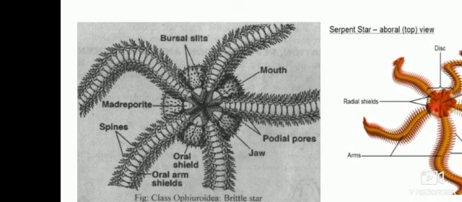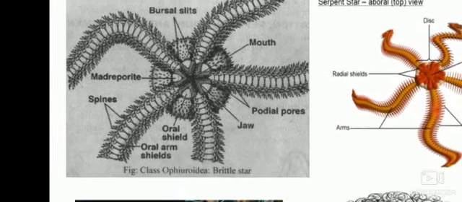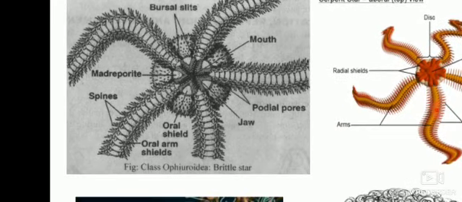These are specialized sacs or pouch-like structures for gaseous exchange. The next structure shown in that diagram is the umbilical plates. Umbilical plates have a pair of perforations for the tube feet, and each pore serves a tube foot.